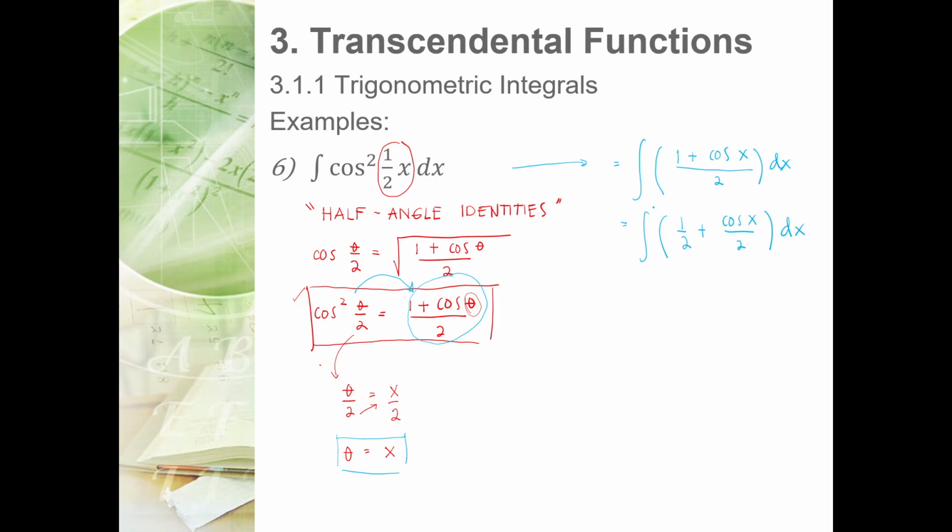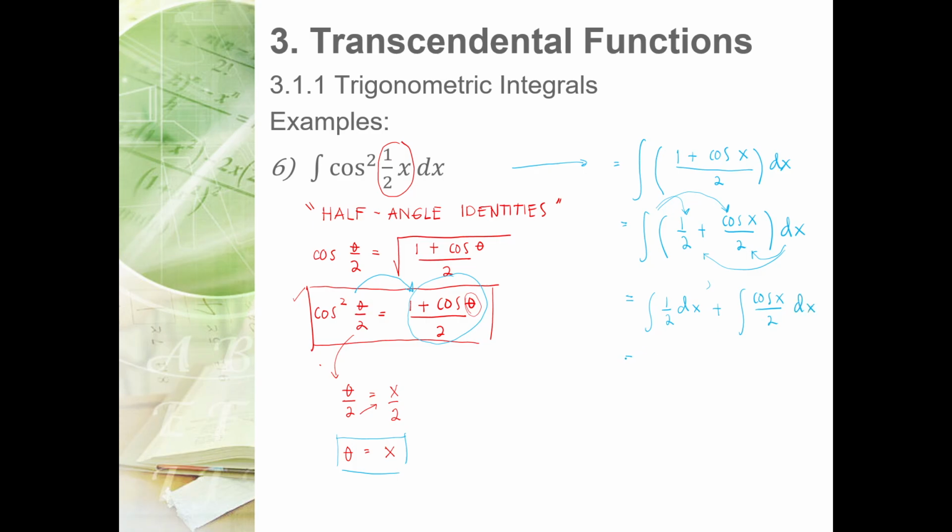So you need to integrate this one and also this one. Or if you want to separately create two integrals, you may also do so. Distributing the integral, distribute also the dx. So it will look like this: 1/2 dx plus cosine x over 2 dx.